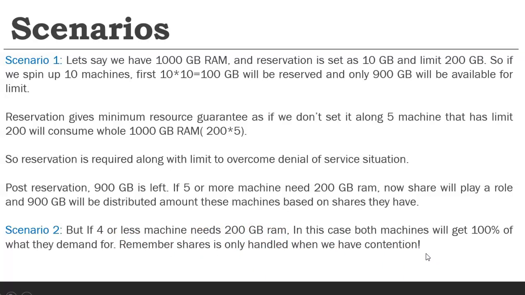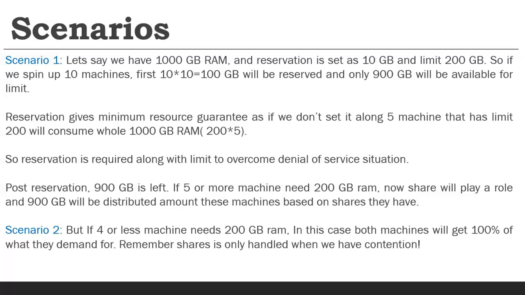If there is no contention, even though they have a ratio like 4 to 2 to 1, each will get 100% of the demand if resources are available. So the CSP wants maximum profit. Definitely, even if you have a low priority or low ratio and you want 200 GB, they will assign it to you if there is no resource contention in the VM.